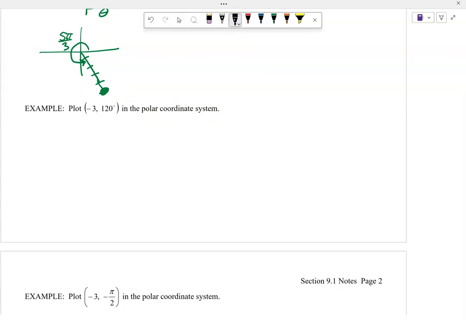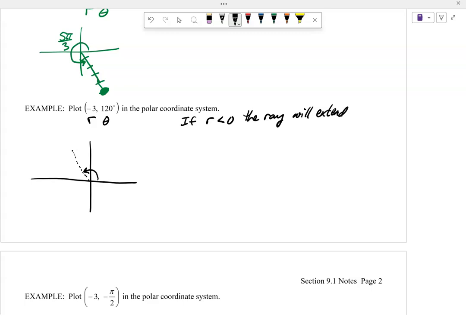Here we've got it in degrees, r comma theta, so 120 degrees. Notice that the r is negative. So let me rotate. Here's our 120 degrees. Now normally we would go out like 3, right? But if r is negative, then the ray is telling you to extend it in the direction opposite the terminal side of theta.